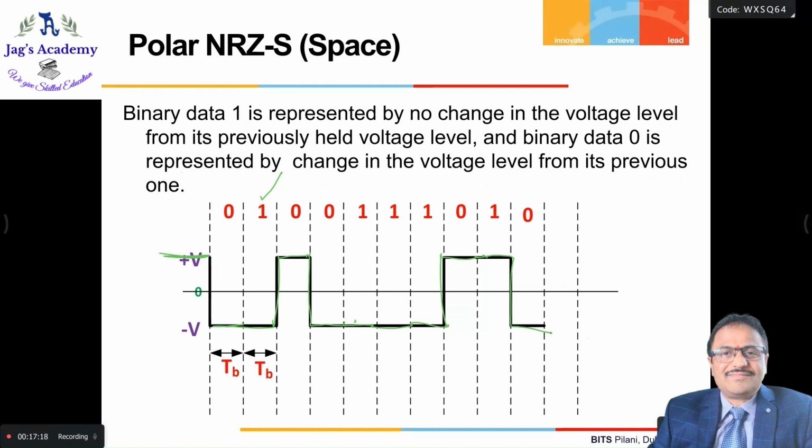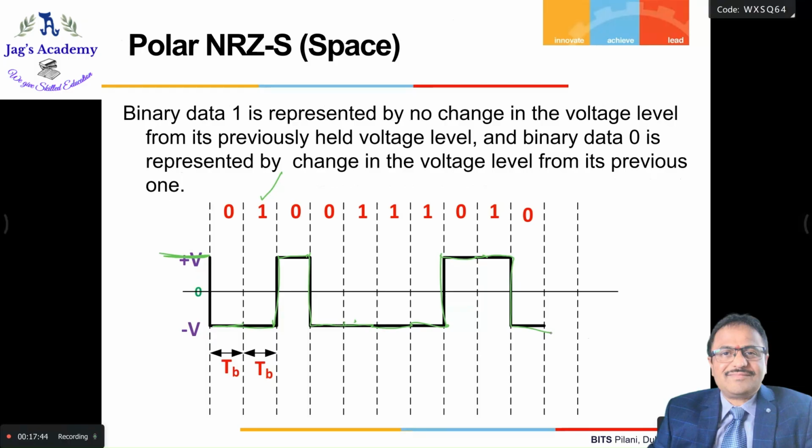Unipolar NRZ. Next. Unipolar RZ. Next. Polar NRZ is very easy. It is fixed. Zeros and ones are fixed. Your 0 is represented by minus volt, and 1 is represented by plus volt. That's all.